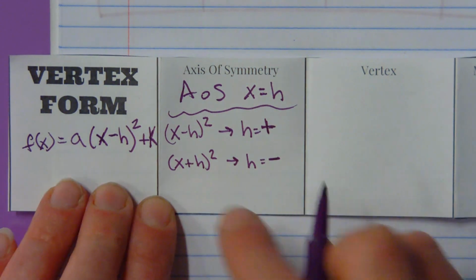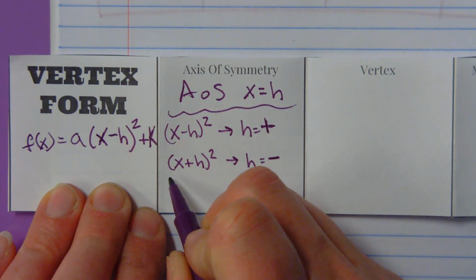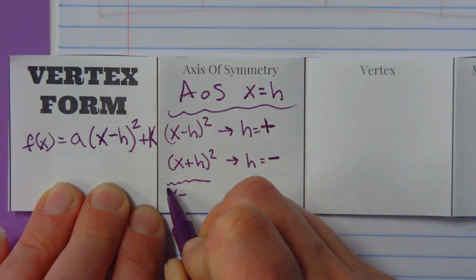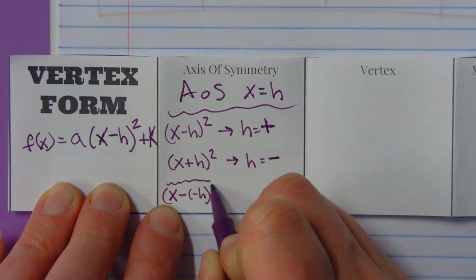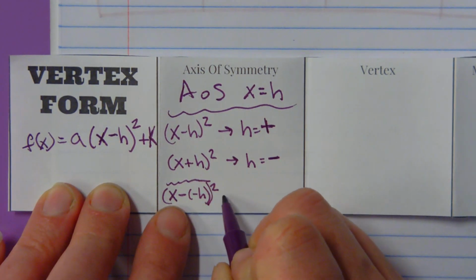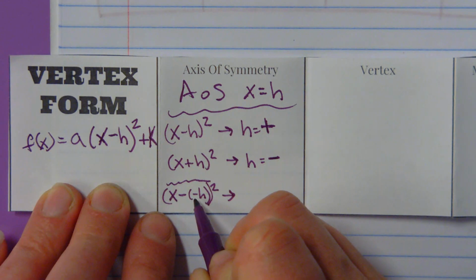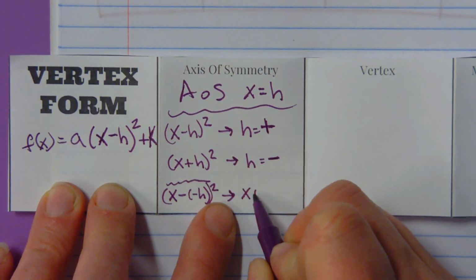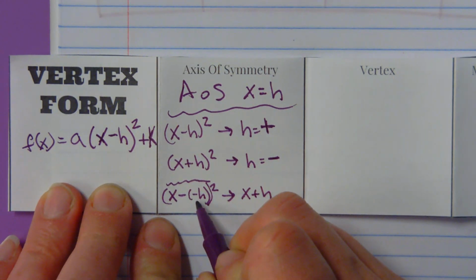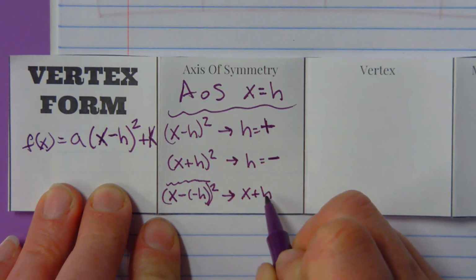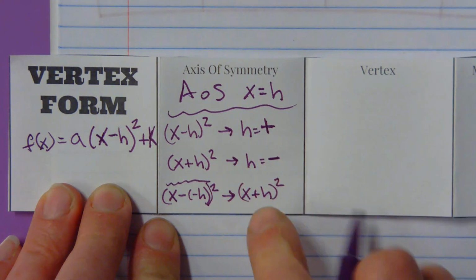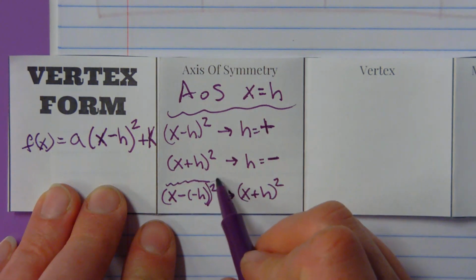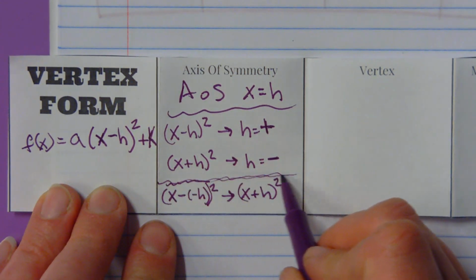The reason is, and I'm going to put a little side note here, if you have x minus a negative number, what's really happening is we're subtracting a negative, so add the opposite. That's what goes to x plus h. Subtracting a negative is adding a positive, squared. That's why, if you have this, we know that h is negative.